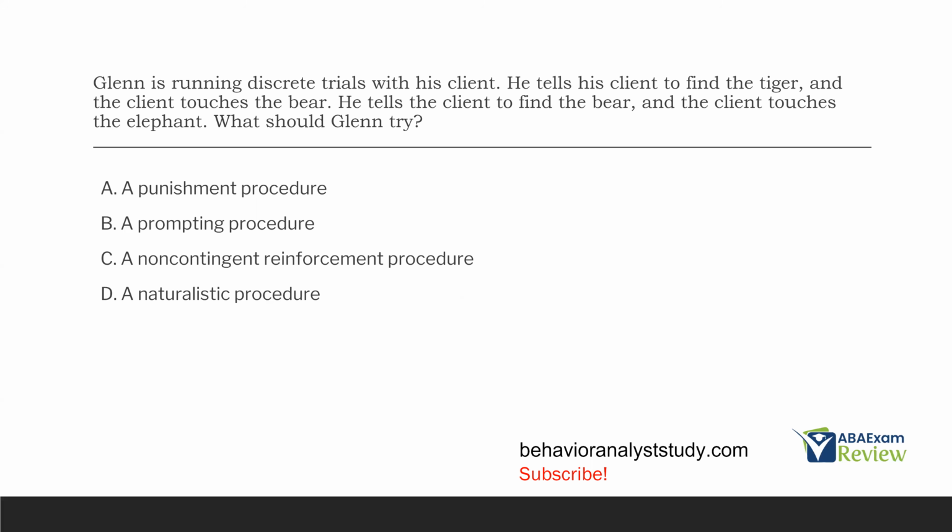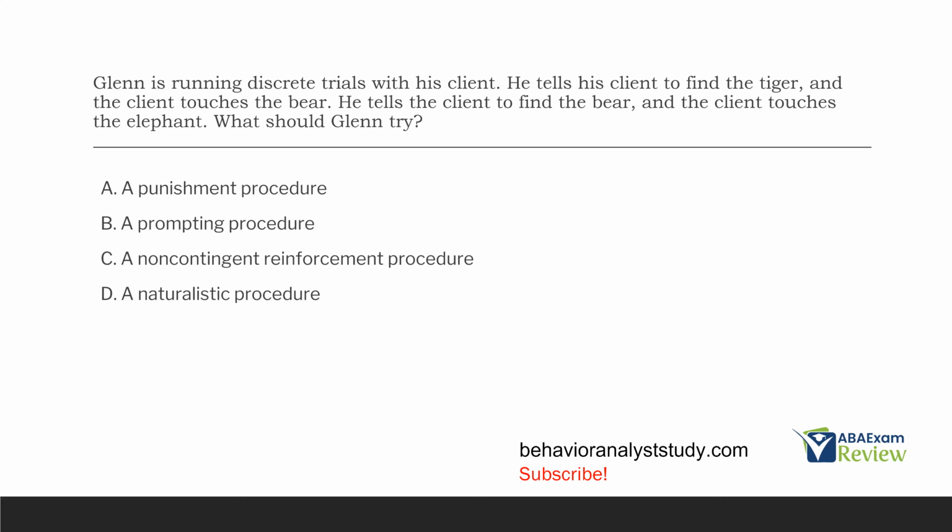B, a prompting procedure. Now, that could be helpful, right? We could go most to least, we could go errorless, and now Glenn is preventing these mistakes from happening. C, a non-contingent reinforcement procedure. We don't know enough about the behavior to know why we would need a non-contingent reinforcement procedure. So a prompting procedure is better based on our information.